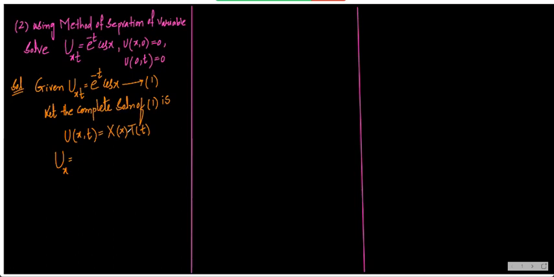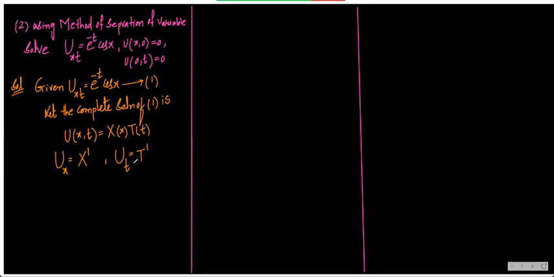Partial differentiation of u with respect to x becomes only X dash. Correct? I don't want to write the small x inside. That you should understand now, the first problem we already did. Partial differentiation of u with respect to t, what's the answer? This is T dash.